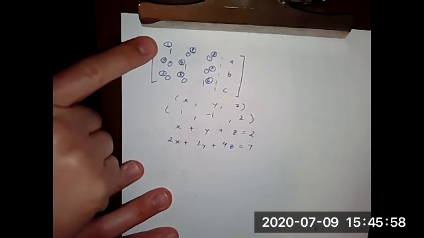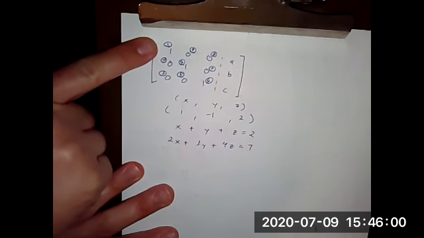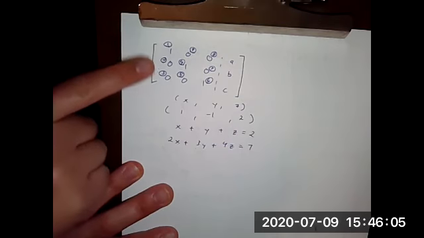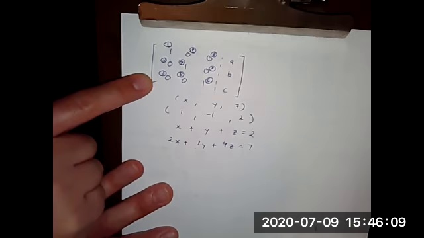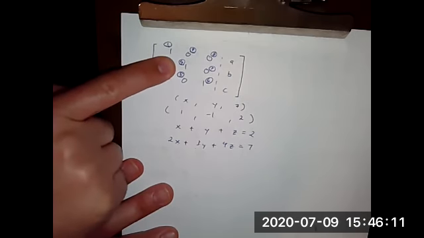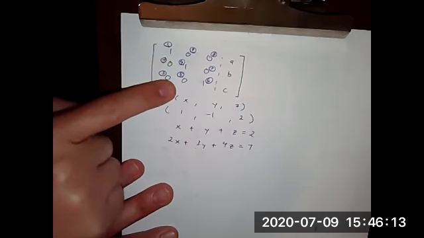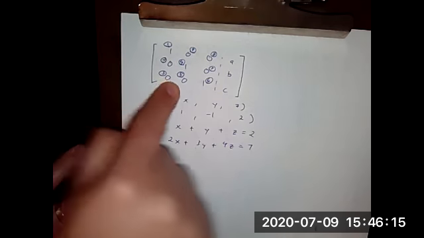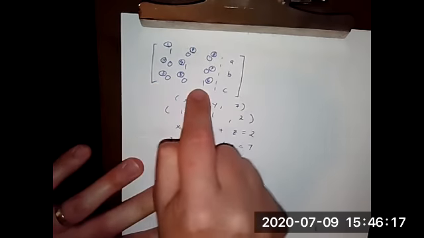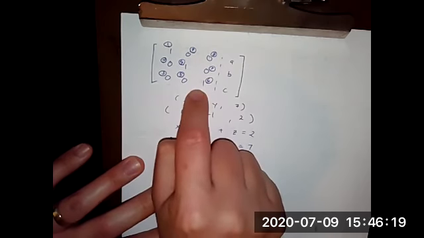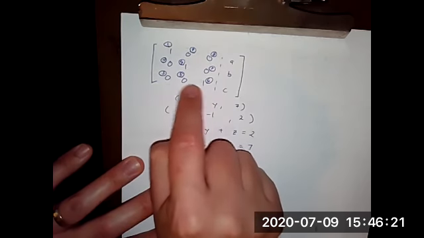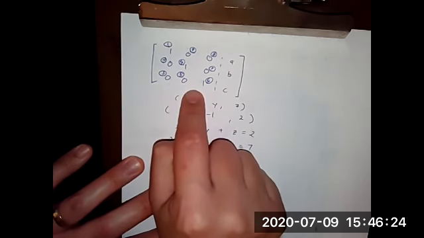First thing first, I would try to make this upper left entry a 1. And then I'd use this to eliminate these next two entries, this middle one here and this bottom. The next thing is to make this a 1, and then use that to eliminate the bottom one. After that, this should be 0 and 0, and you should have a number here. We can make that a 1 pretty easily by multiplying by its reciprocal.